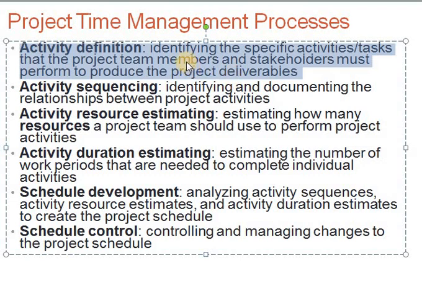So here the stakeholders and the project team have to decide and identify all of those activities and tasks which are part of this particular project, which they have to perform to produce the project deliverables.